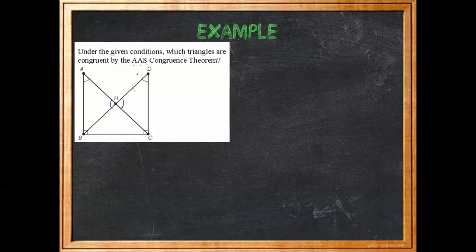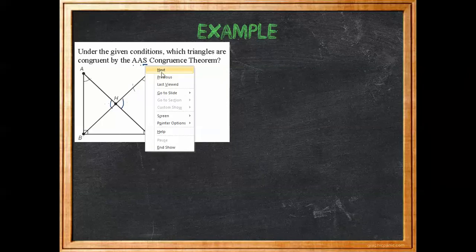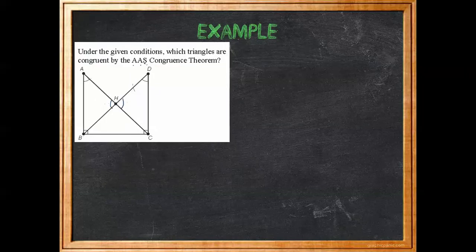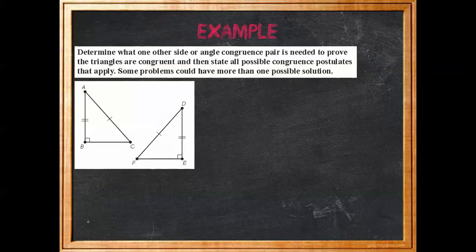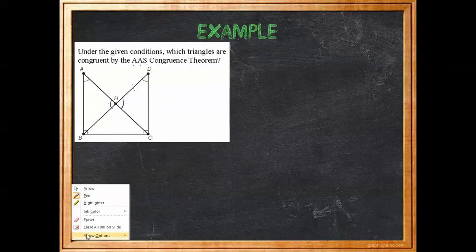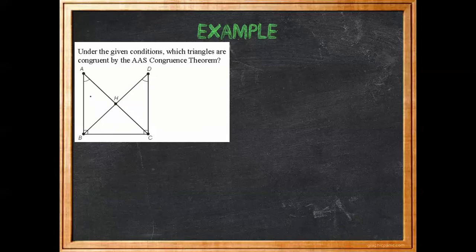We know we're looking for a side that's congruent. But if we look at all the information that's given here, we don't see any little hash marks on any of the sides.